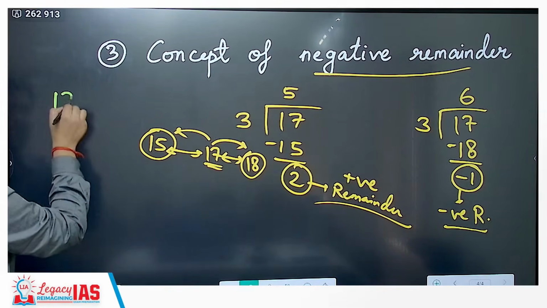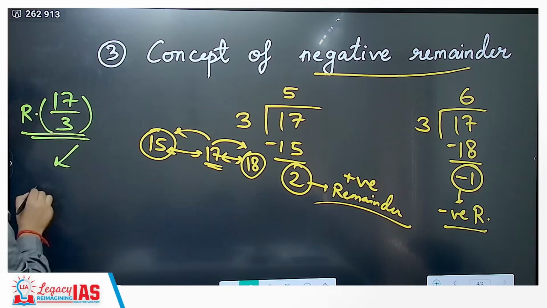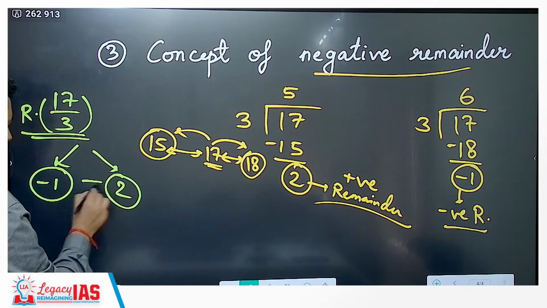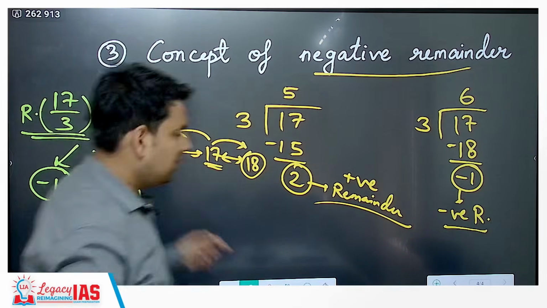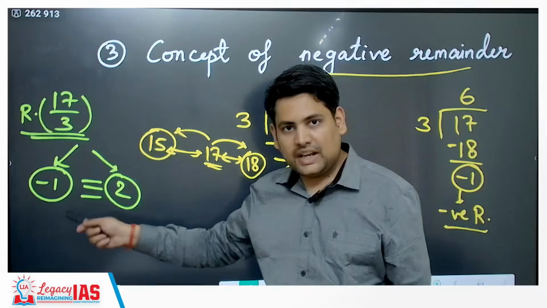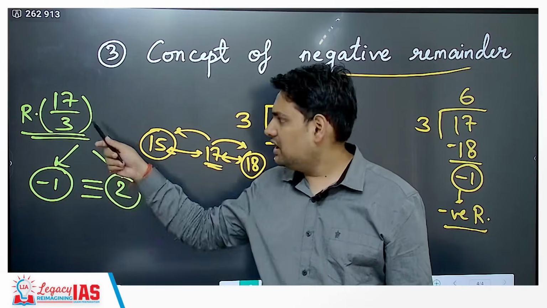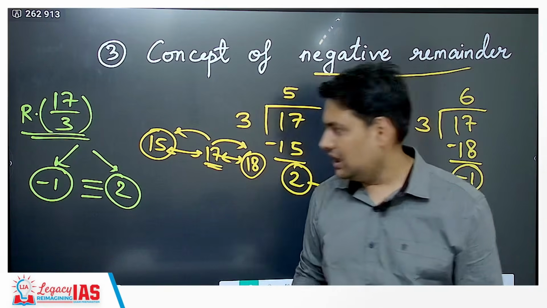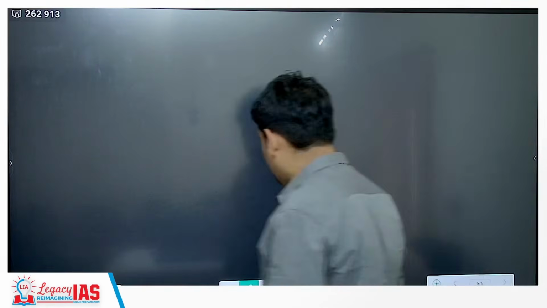So when 17 was divided by 3, the remainders that you got, minus 1 and 2, are equivalent in nature. So you say 17 divided by 3 yields remainder minus 1, or you say 17 divided by 3 yields remainder 2. That is exactly the same thing. In fact, it works for any kind of division. Let's take another one.